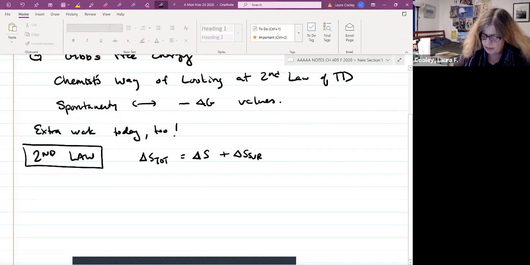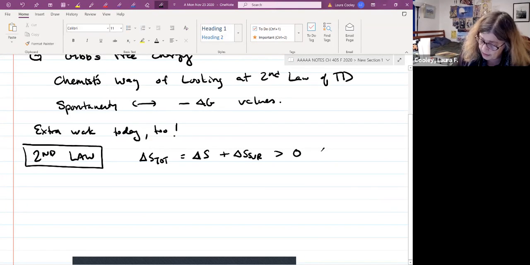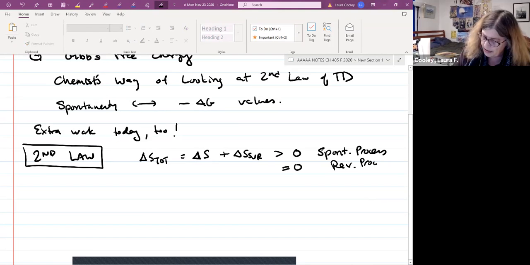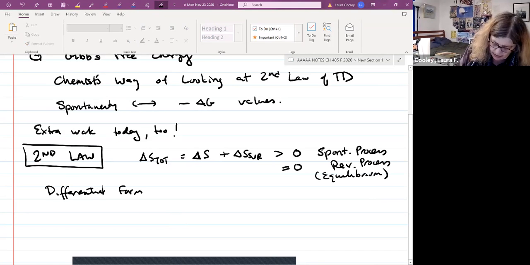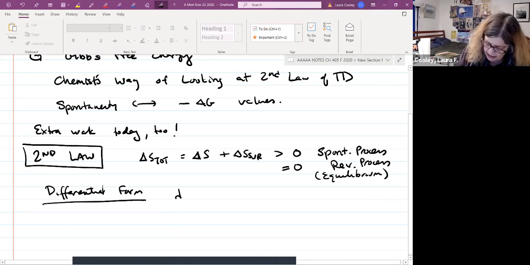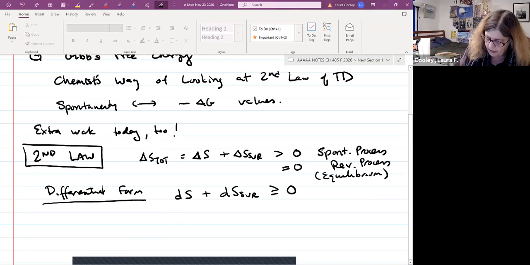It is greater than 0 for a spontaneous process and equal to 0 for a reversible process or an equilibrium process. Now we're going to actually use the differential form, and we'll start with dS plus dS surroundings is greater than or equal to 0.